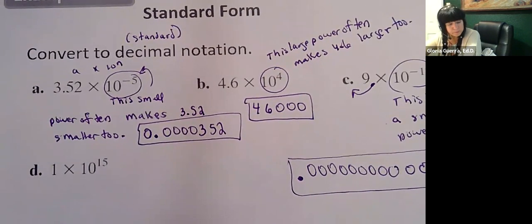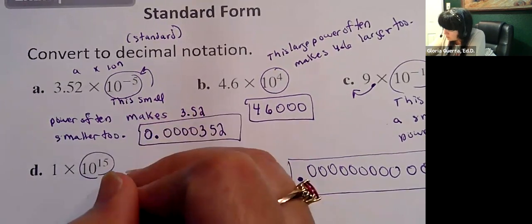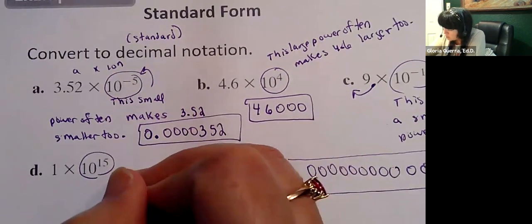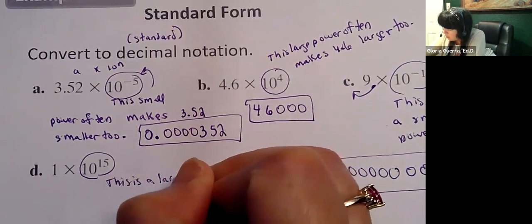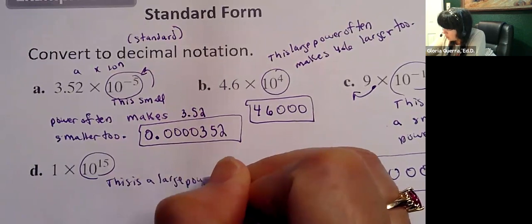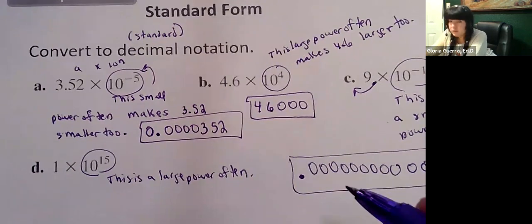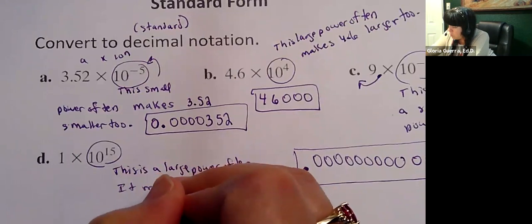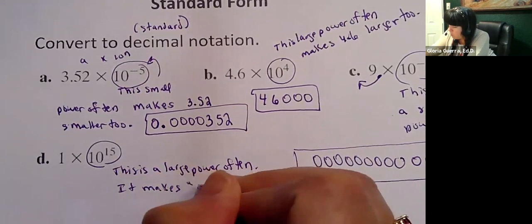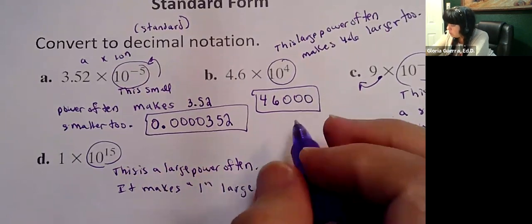Okay, so here I have a note that this is a positive, this is a large power of 10. So it makes one large too.